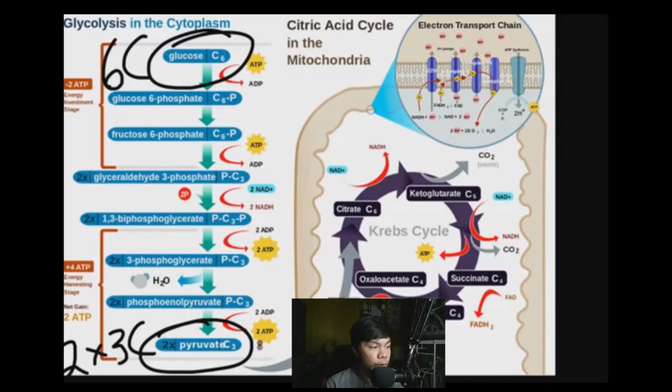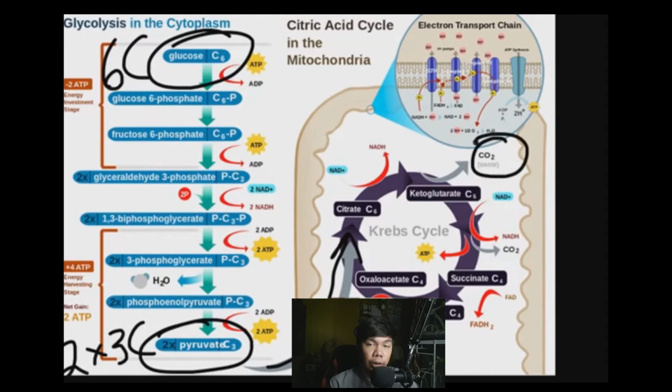What happens in the Krebs cycle is those 2 pyruvates will be turned into carbon dioxide and released into the air. And what's important in the Krebs cycle is that it is the process of storing energy in molecular components.